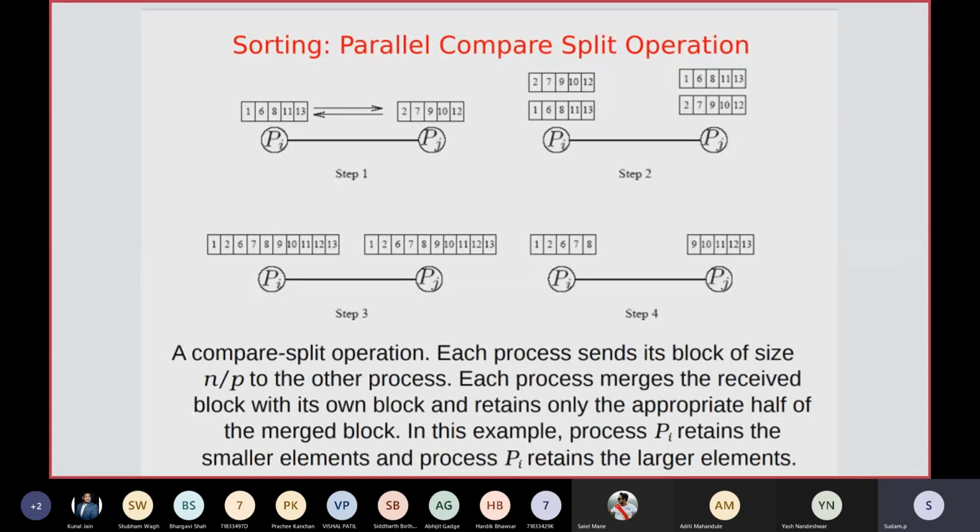That's why you need to exchange the sequences, as shown in step 2. Both processors will then have both sequences, and they will merge those sequences, as shown in step 3.